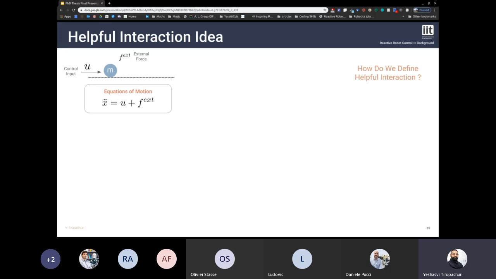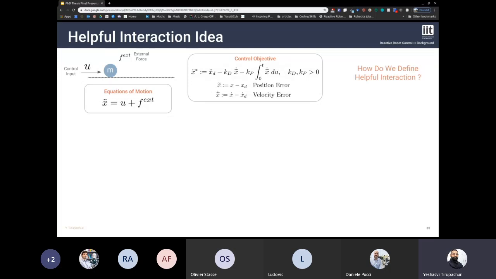Let's consider a simple task where we want to control this object to go along a desired trajectory, and we can come up with a simple control objective like this. Now, what we are interested in, in the idea of helpful interaction, is to see how the external force that is affecting the object can be characterized as a helpful interaction.